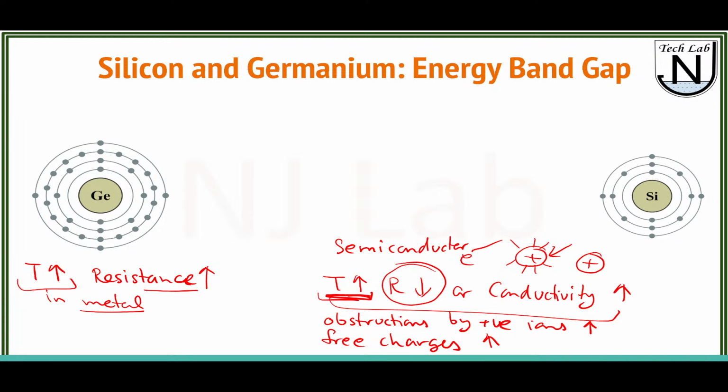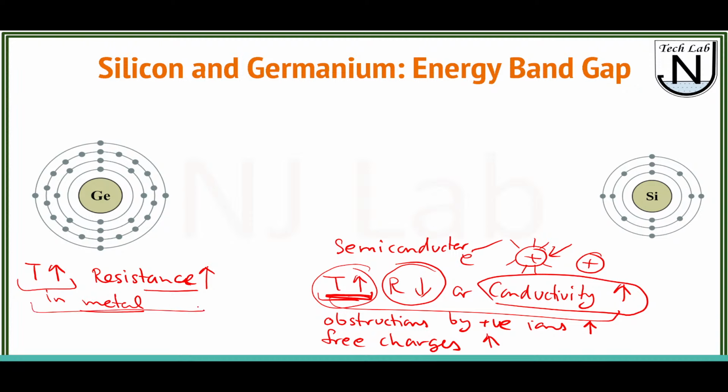Because when the temperature is not increased, the semiconductor does not have any free charge carriers, and if there is no free charge carrier, then the conductivity will be zero. With the increase in temperature, along with the obstruction, we also have the free charge carriers. So due to that increase in free charge carriers, the conductivity increases, right?